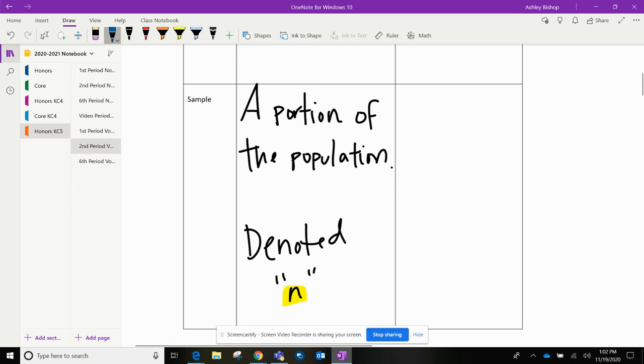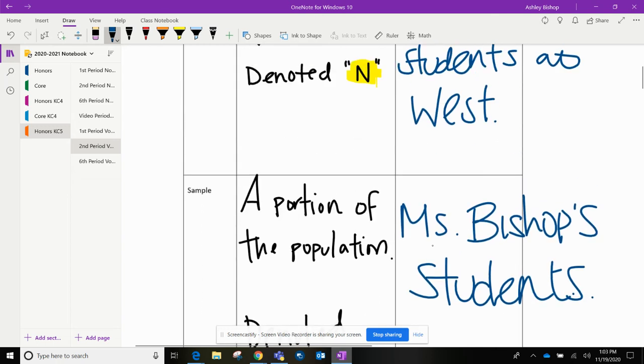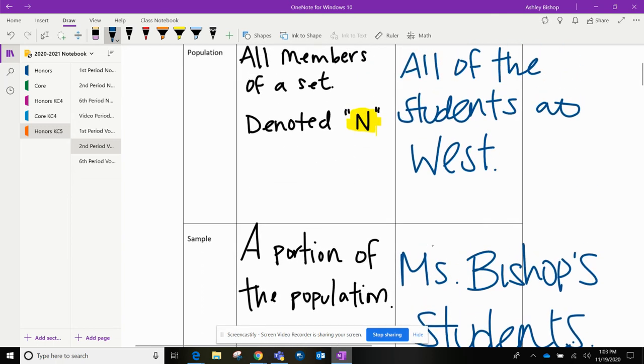A sample would be a smaller part of the population, and in this example, maybe we would use Miss Bishop's students. My sample is just a smaller part of the population, included in the population.